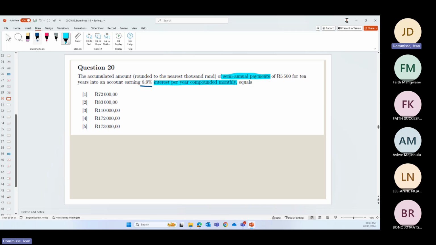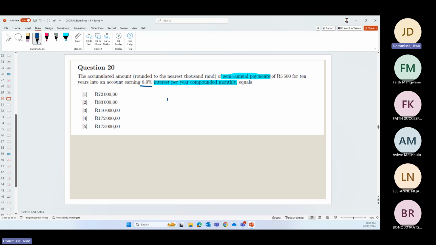So that already tells us that we can't just suddenly go to our financial calculator and punch in the numbers, because we first need to change our interest rate so that it aligns with the semi-annual payments.